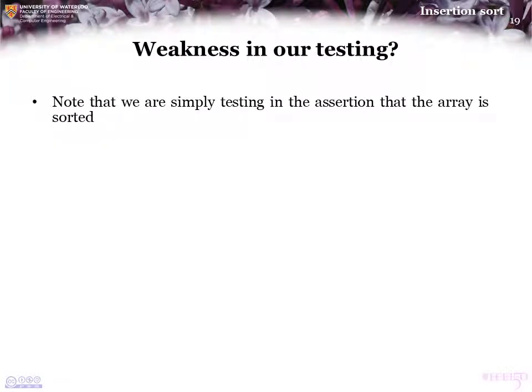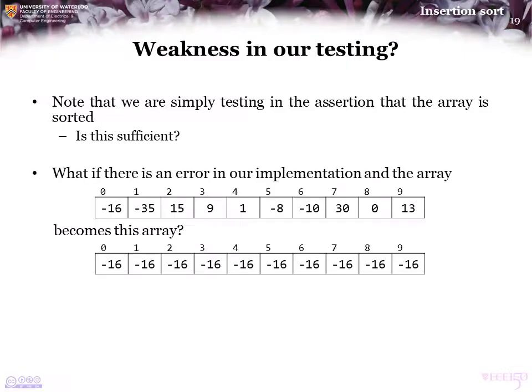Now, note that in our main function, so in our program, our testing was a simple check to make sure that the array, when it was returned, was actually sorted. Is that really sufficient? Suppose we had an error in our code that took the first array here, and instead of correctly sorting it, it simply replicated that first entry 9 additional times.